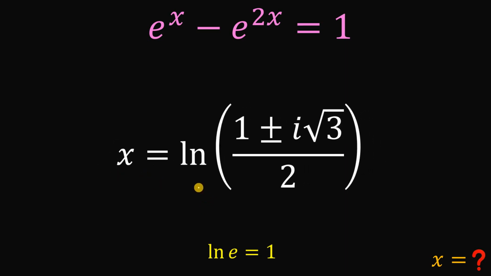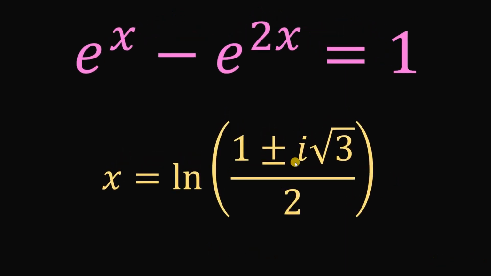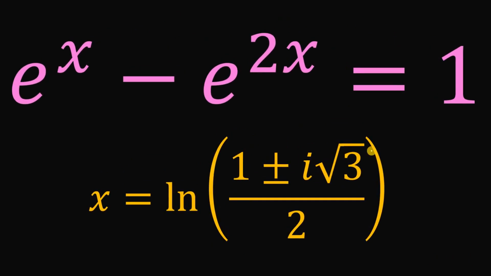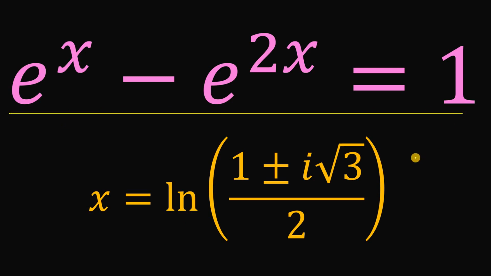And that is the value of x, which is ln of 1 plus or minus i multiplied by the square root of 3, all over 2. And that is the value of x that satisfies this equation. Although it is a complex number, this value will still satisfy this entire equation. And as always, we are done.